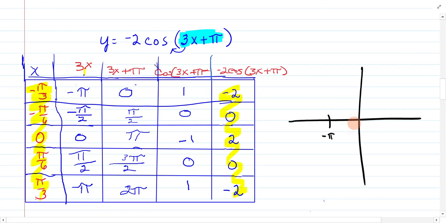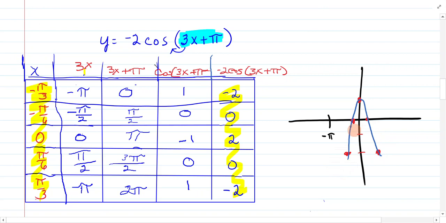So you might be here and you'd be down at negative 2. And then at negative pi over 6, which would be here, you're at 0. Then at 0, we're at 2. We're back up here. At pi over 6, we're here. And at pi over 3, we're at negative 2. So you could see, if we connect the dots, somewhat like that.